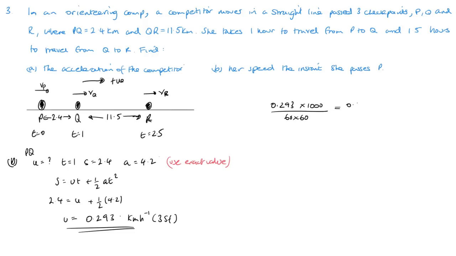And it'd be 0.0815 meters per second to 3 significant figures. It doesn't say to give the answer in meters per second, so it's fine there, but that is how we would do it. And that is the final question.